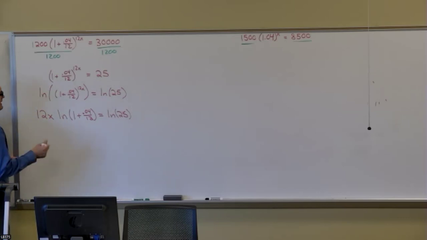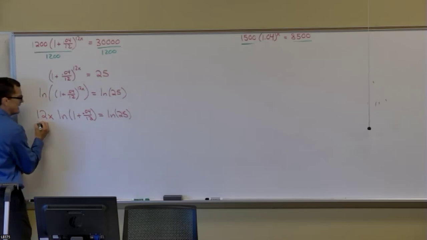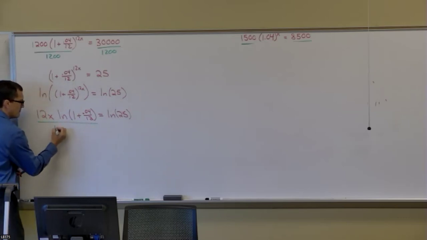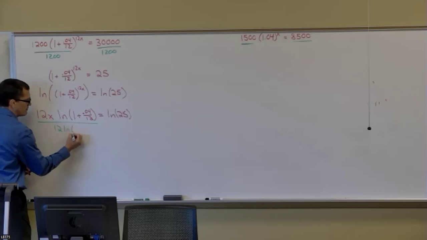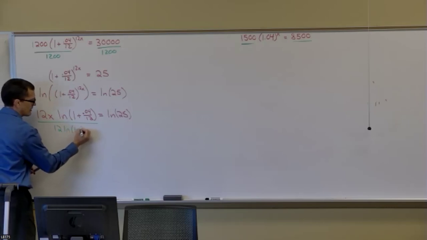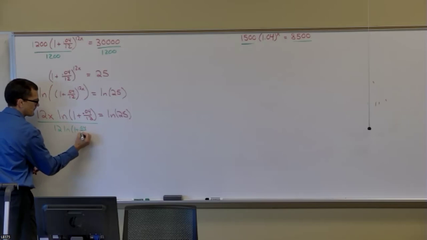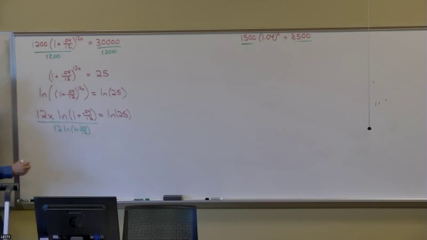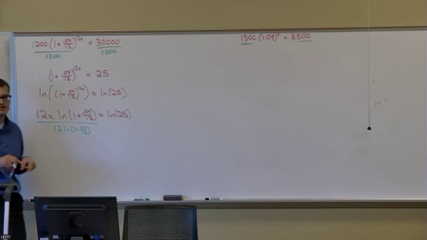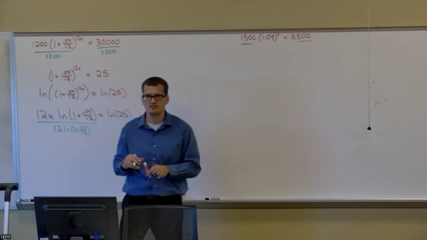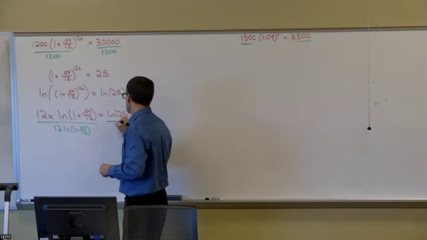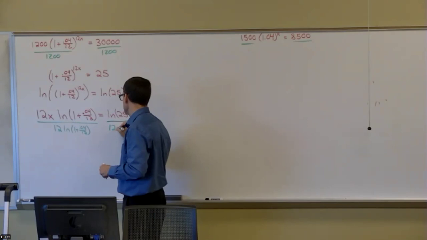So what we really need to do is divide both sides by 12 and also divide both sides by that natural log number. Does that make sense? A lot of times I'll do this in steps when I type it in on my calculator. I'll show you how I do that in a second. So we're going to have to divide by the 12 and divide by the natural log.